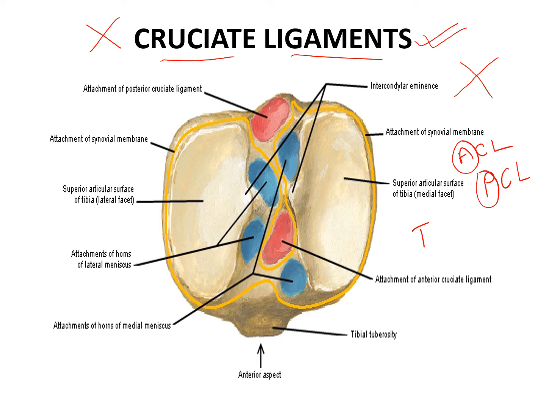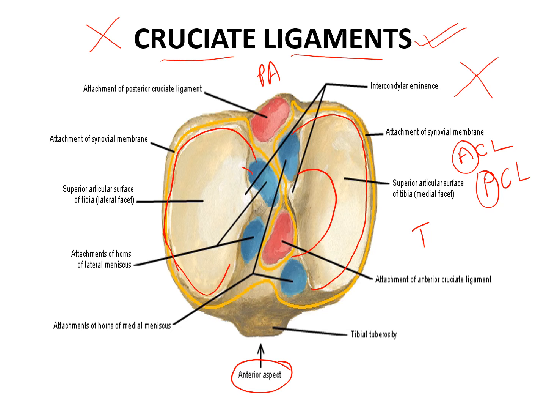So in the intercondylar area, moving from anterior aspect to the posterior aspect, first we will draw the menisci. As already discussed, menisci will be C-shaped. So this is the lateral meniscus. This is the medial meniscus.